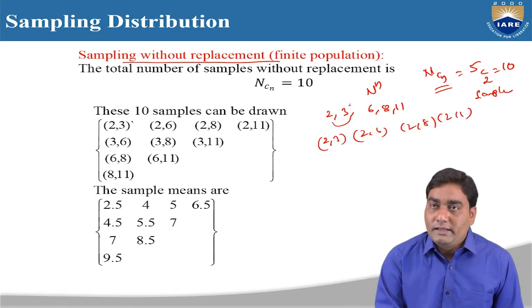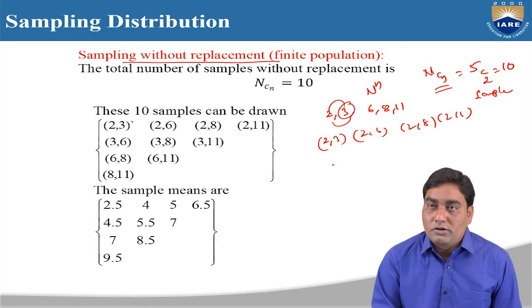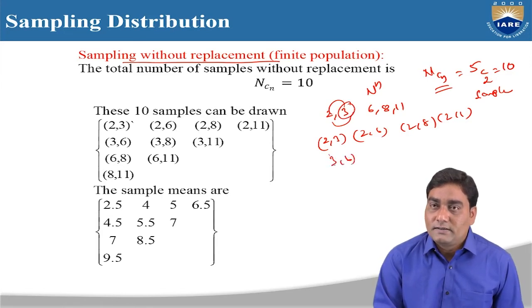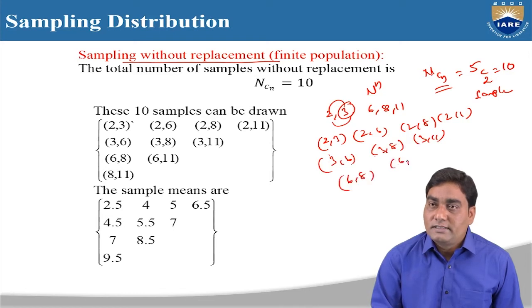Now coming to 3: 3, 2 is also not considered because it is the without replacement case. 3, 6, 3, 8, 3, 11. Next starts with 6: 6, 8, 6, 11. Next starts with 8: 8, 11. Like that, total 10 samples.